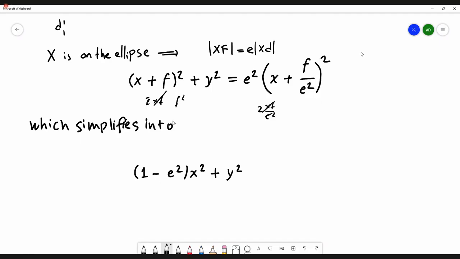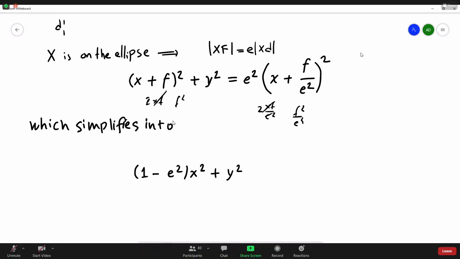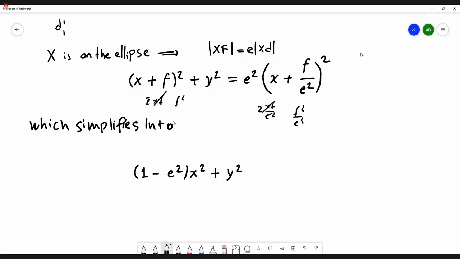And here we will have f squared over e to the power 4, and e to the power 4 will be cancelled with this one to give us f squared over e squared, times (1 minus e squared). So the above equation is equivalent to this one.